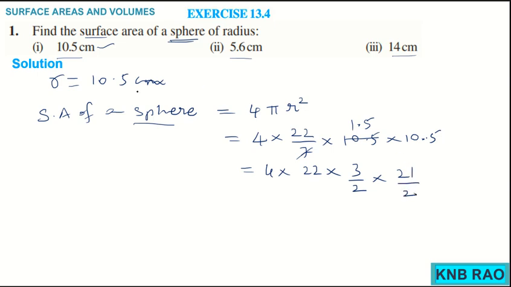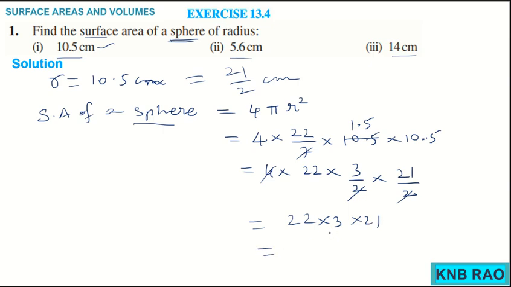In fact, here itself I could have written 21 by 2 centimeter instead of 10.5. There is a chance of cancellations that we are trying to do. So, these 2 twos are 4 cancels with this 4. Now, I have to multiply 22 into 3 into 21.